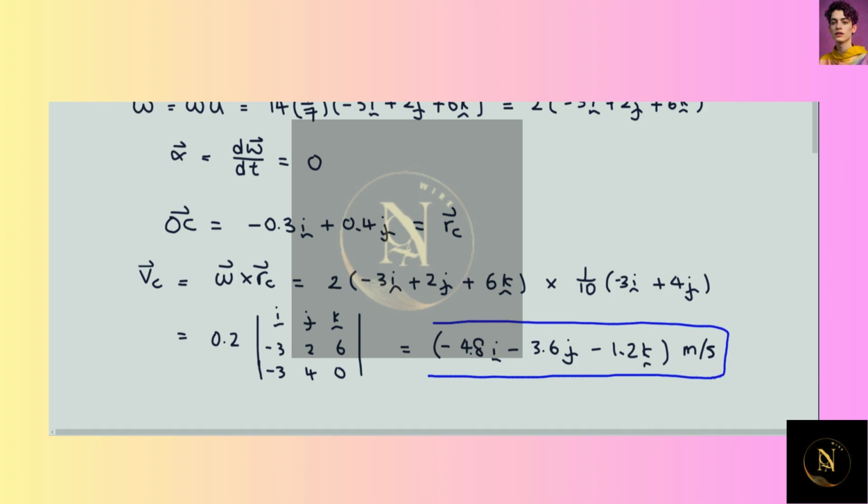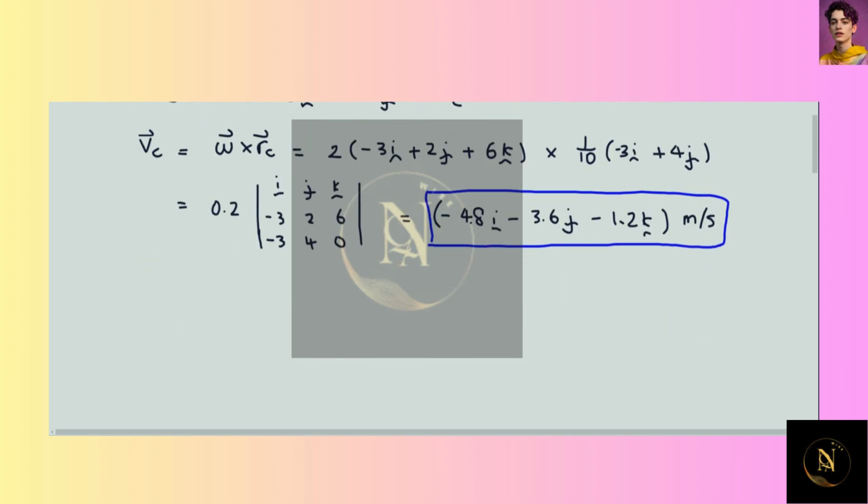Next, we are going to do the acceleration for point C. Using the formula, AC is alpha cross RC plus omega cross omega cross RC.